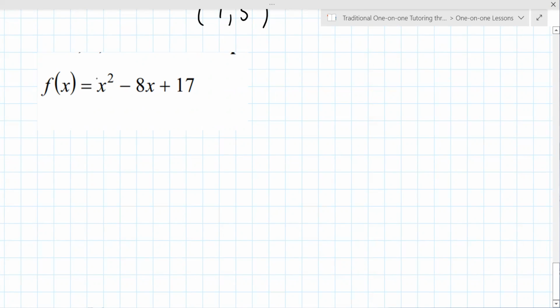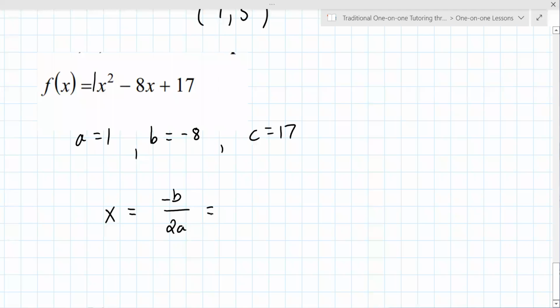A 1. Good. So A is 1, B is -8, and C is 17. The x coordinate of the vertex is -b over 2a. I want you to put in -8 for B and 1 for A and give me the final value.